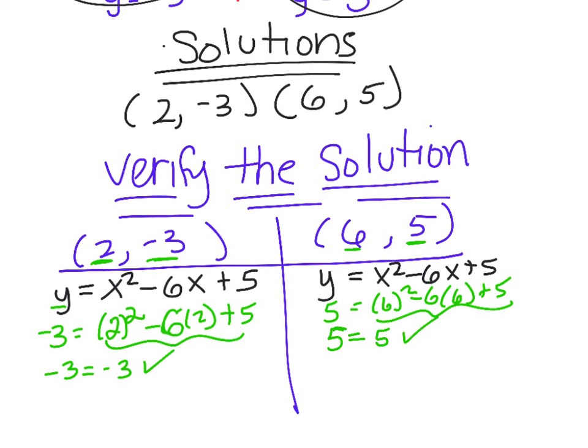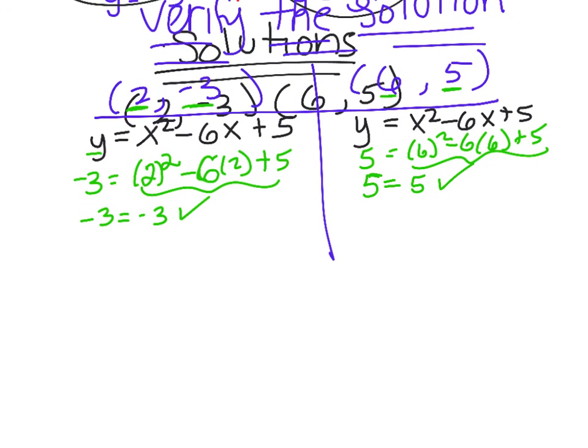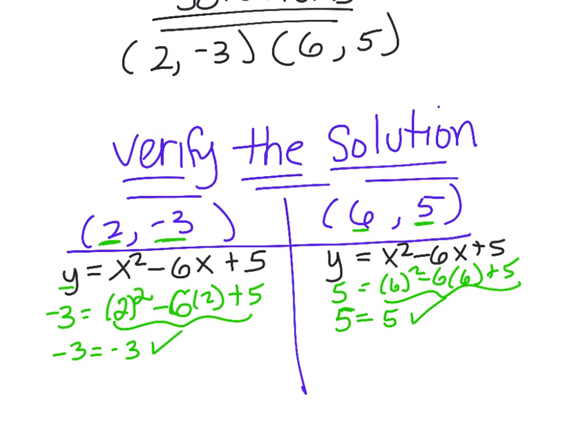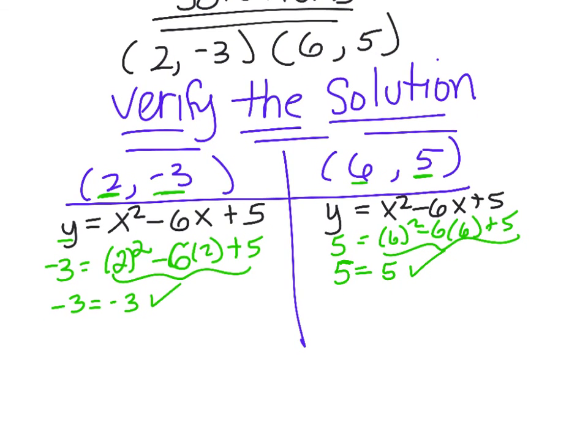All right, now we have to check the other equation. Remember, always check original. Let me just draw my line down a little bit more. So remember, my original was y plus 7 equals 2x. Write that on both sides. y plus 7 equals 2x.